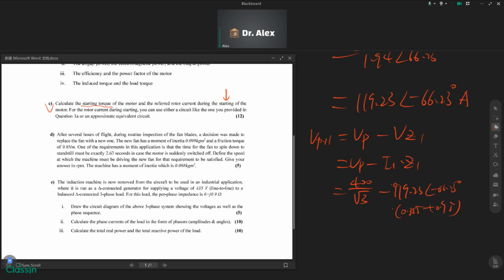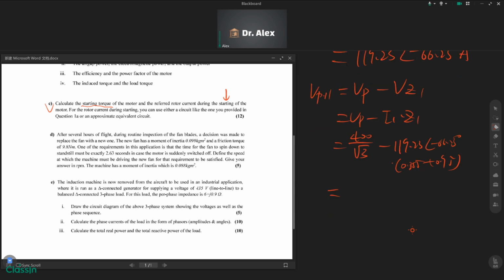The process of calculation is quite complex. We don't do it right now, but you can finish the calculation in your spare time. I just write the final answer here, which is 111.3 volts. This is the absolute number; we don't need the angle here.